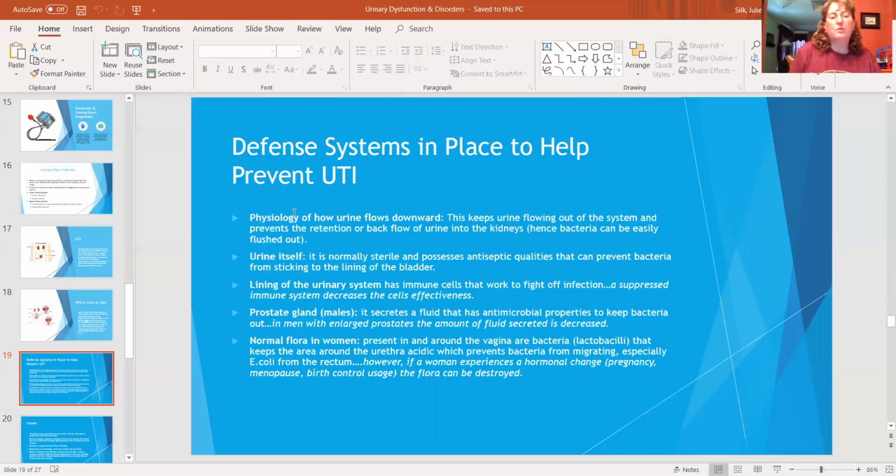Also with males, their prostate gland secretes a fluid that has antimicrobial properties to keep bacteria out. And then with normal flora of women, usually this is present in and around the vagina, and it keeps the area around the urethra acidic, which prevents bacteria from migrating. So that's another thing that our body does.